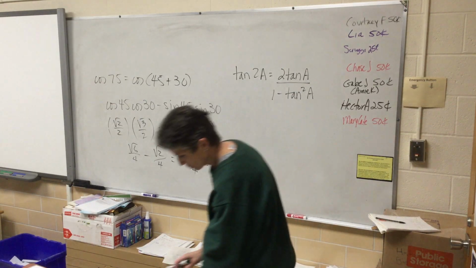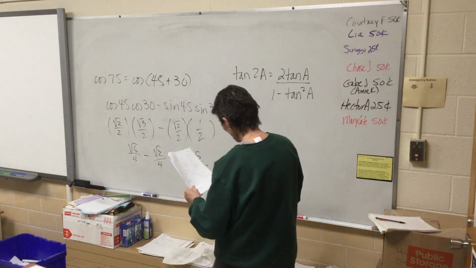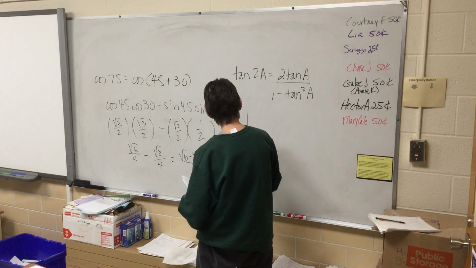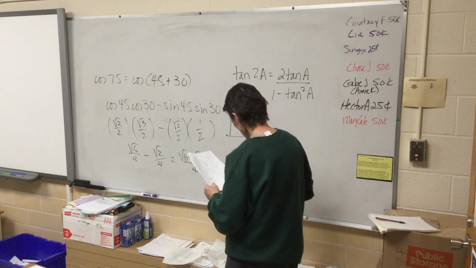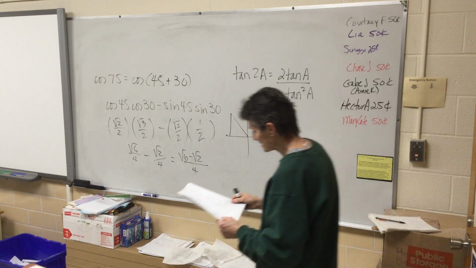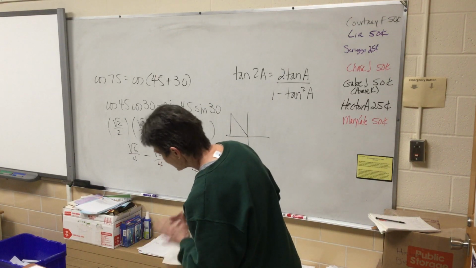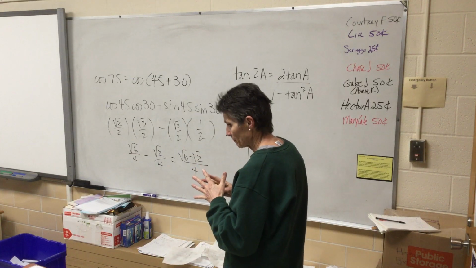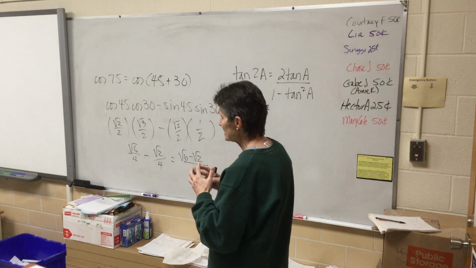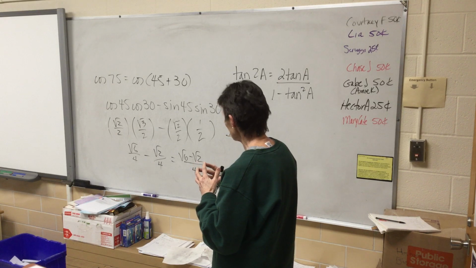All right, let's draw a picture of what they told me. They told me that I'm in quadrant 2, and they told me that the secant is negative 5/3. Okay, what does that mean?